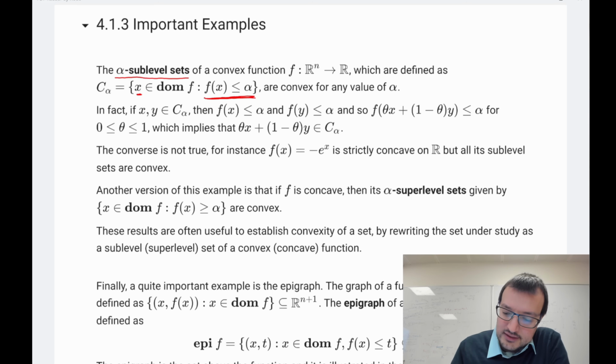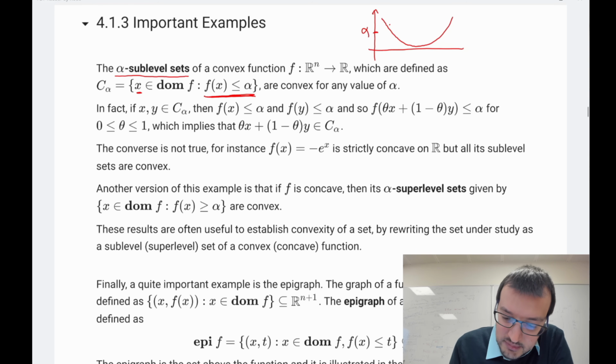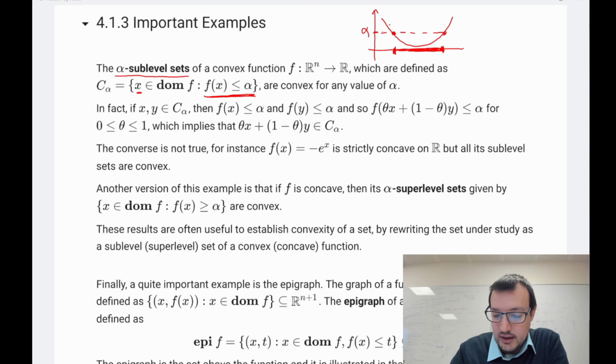You have already seen this in the first course of optimization in autumn. If you have a convex function like this, and you want to find the sublevel set associated to this level of alpha, then what you are going to find is this set of x over here that are related to the f of x which are below or equal to alpha.